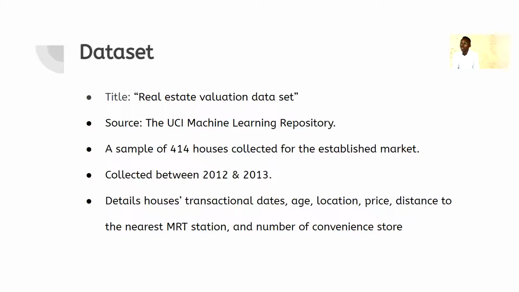It's a sample of 414 houses collected in that market between 2012 and 2013. It details houses, transaction dates, when they were bought, age, location, price, distance to the nearest metro station, and the number of convenience stores close to a given house.